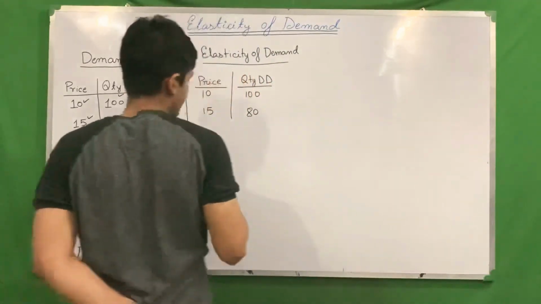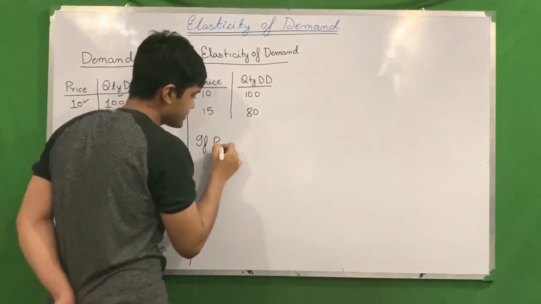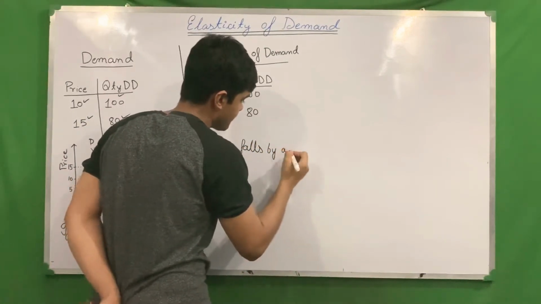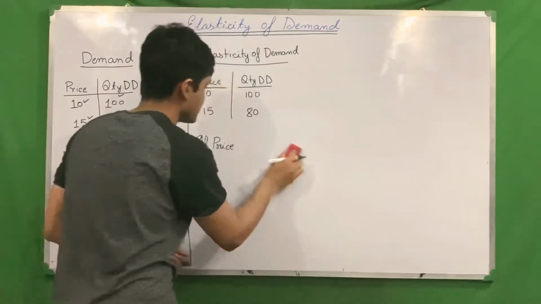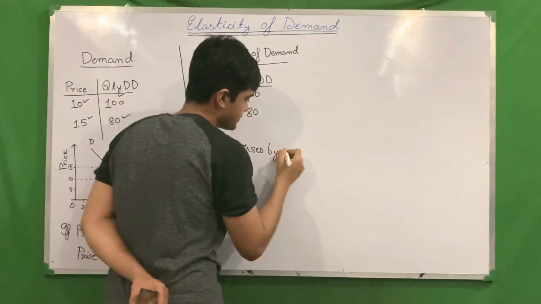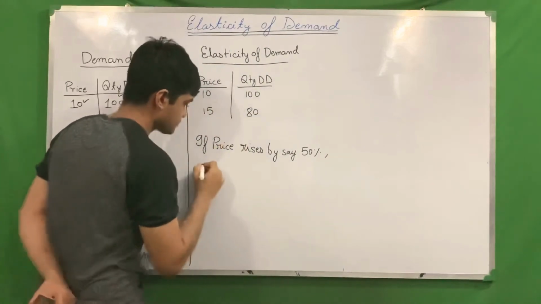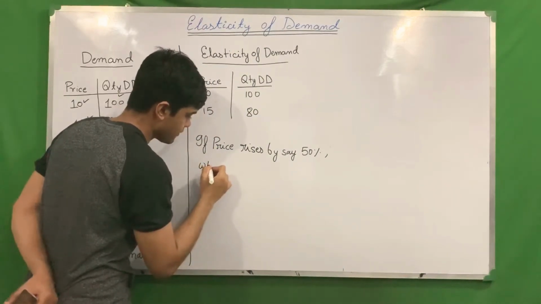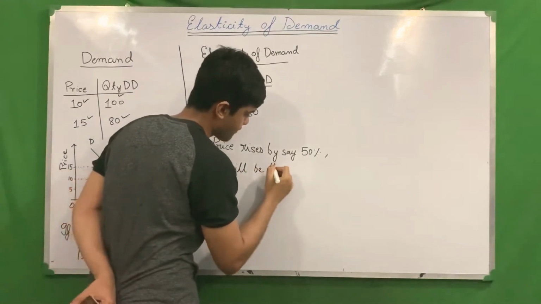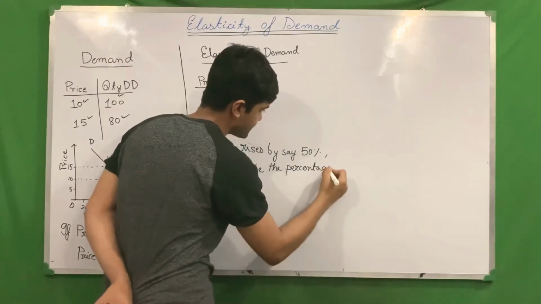In elasticity chapter, what we will be knowing or learning is, if price falls by or rises, because in there we have written rises. So if price rises by say 50%, what will be the percentage?